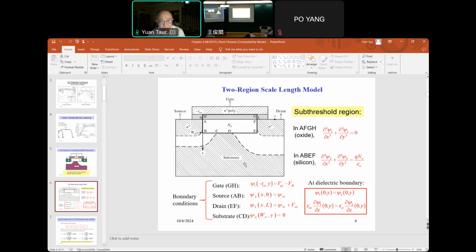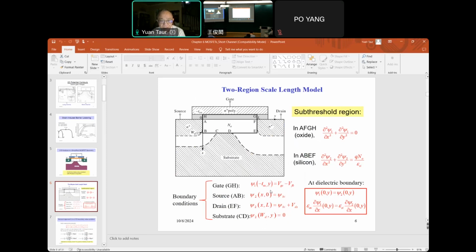We assume that the substrate potential is the reference, and it's grounded to the source, so that's 0. Furthermore, we stretch CD to be the entire bottom of the rectangle, so it becomes B to E, because that makes it easier to solve these rectangular boundary conditions.